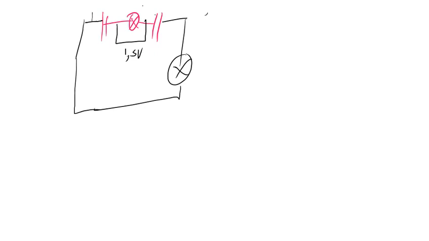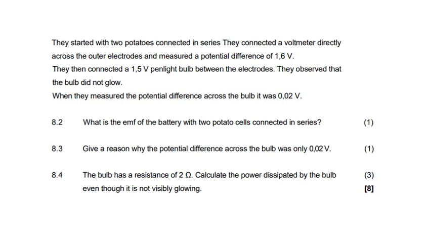And then the total across the two electrodes, the total EMF, is equals to 1.6 volts. And then they observed that the bulb did not glow. So the voltage was too small, that's why it didn't glow.